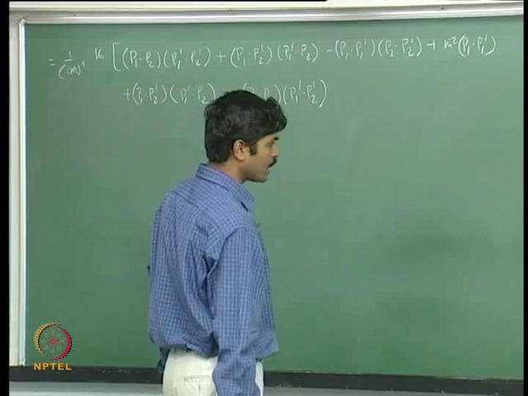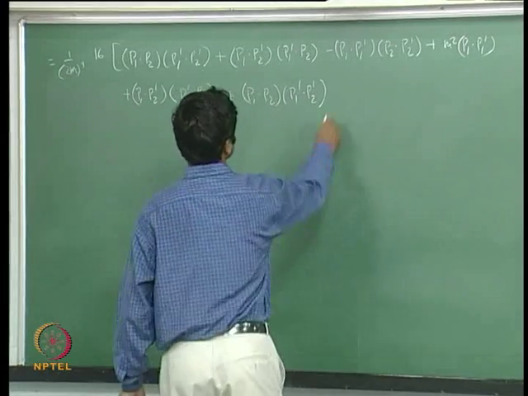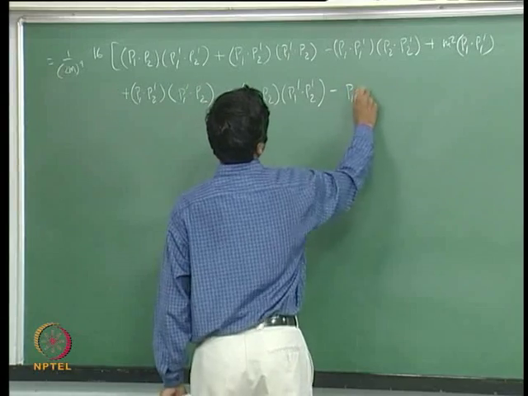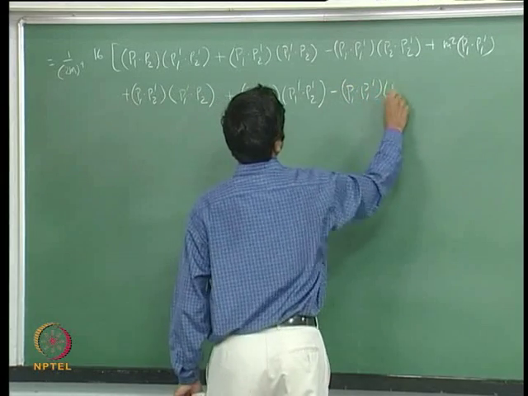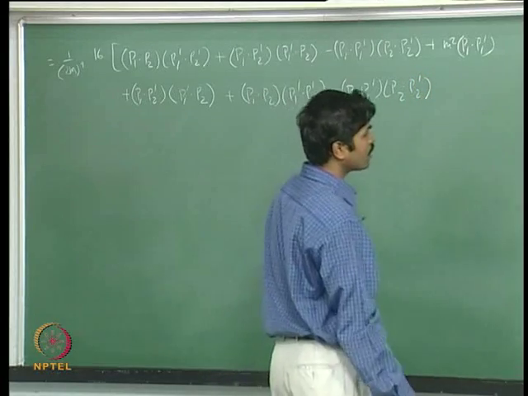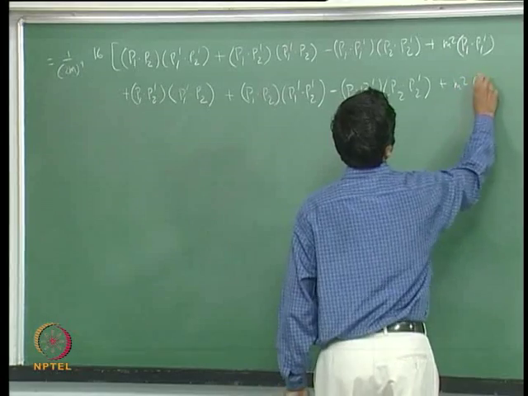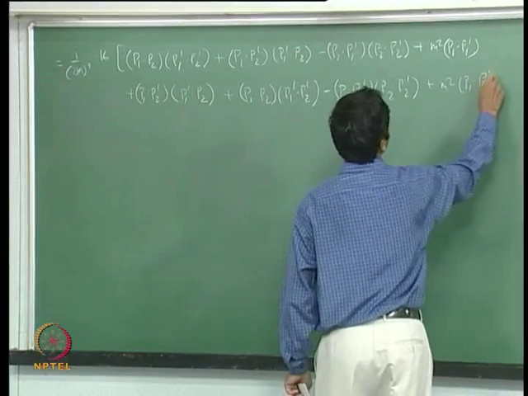Now, that will multiply to the third, which will give me p 1 dot p 1 prime with a minus p 2 dot p 2 prime, and finally, I will again get plus m square p 1 dot p 1 prime.